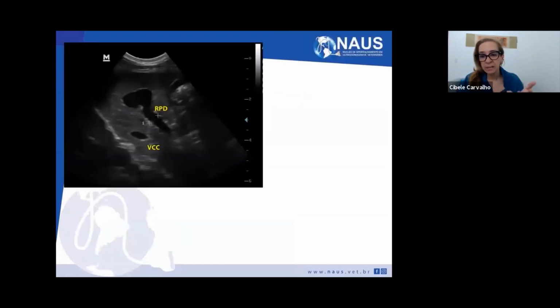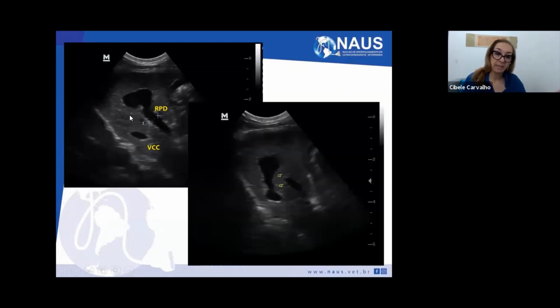Let's see another case of a right intrahepatic shunt. We see the right portal branch going normally, but instead of ramifying, it turns and goes down and enters directly into the caudal vena cava.